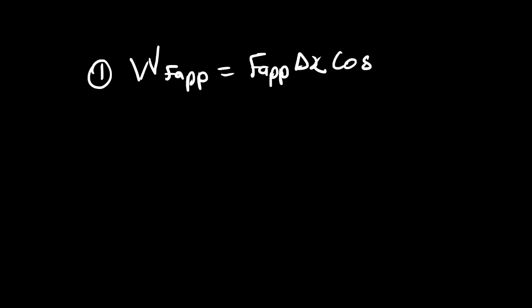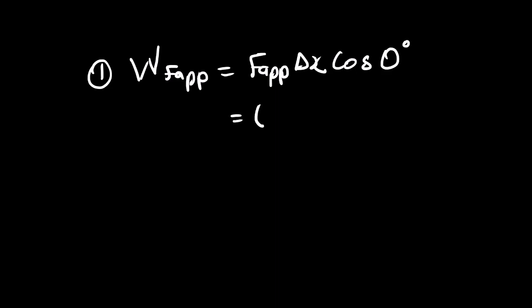Now the first question, it says calculate the work done by the force applied. This will be our number 1. We are going to take the force applied multiplied by the displacement times cos θ, and we know that it's cos 0.